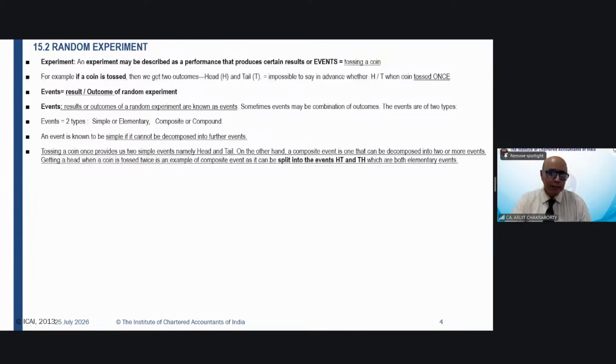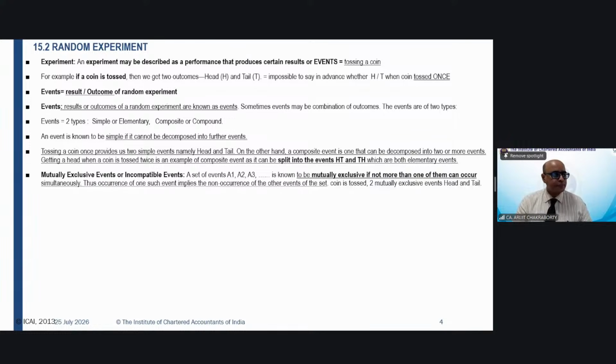So this is first tail and then head, T and H. So therefore you see this situation gives us a composite event, because we can break it down into 2 simple events, 2 elementary events, and this is denoted by HT and TH.